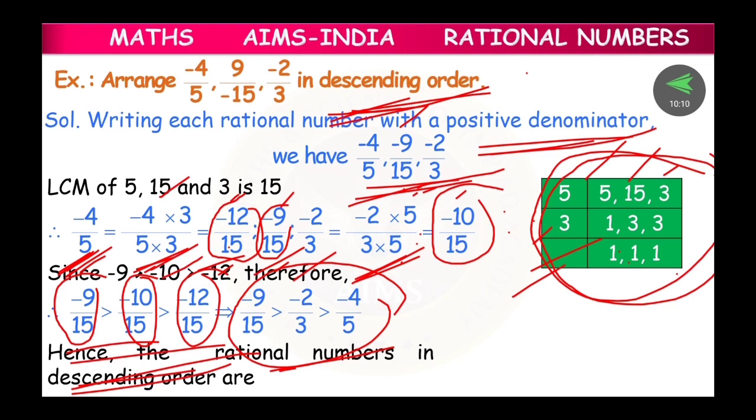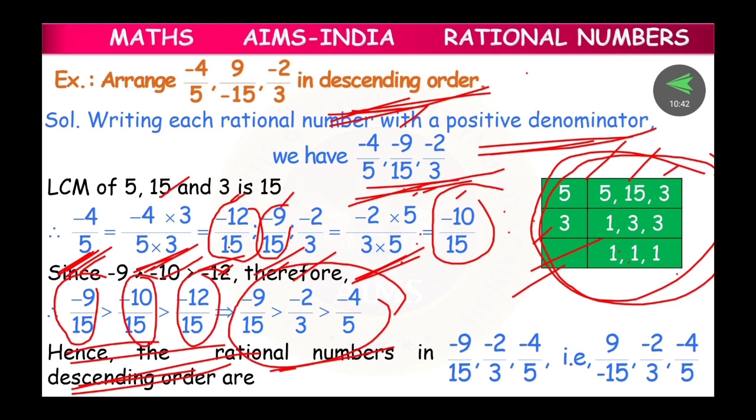What is the second step? For the denominators, we have to take the LCM. After taking the LCM, all the denominators are to be multiplied with some number so that the LCM will be the denominator. After that, we can arrange them according to our order. Okay, children? This is about writing the given rational numbers in descending order.